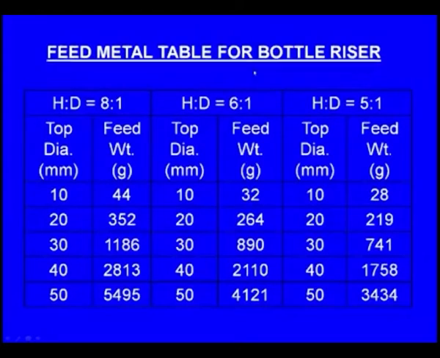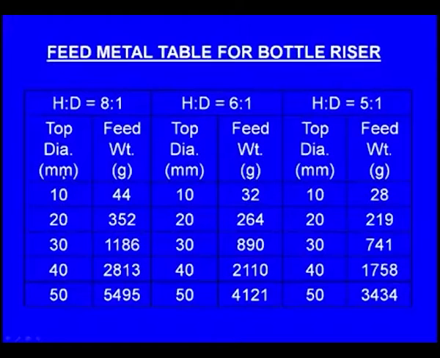Now, this is the feed metal table for the bottle riser in different cases, that is, when the h/d ratio is changing. Here we can see h/d ratio is equal to 8:1. When the top diameter is 10 mm, the feed weight is 44 grams.